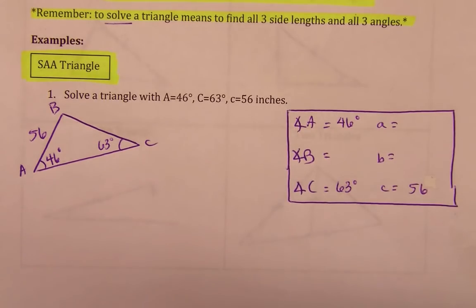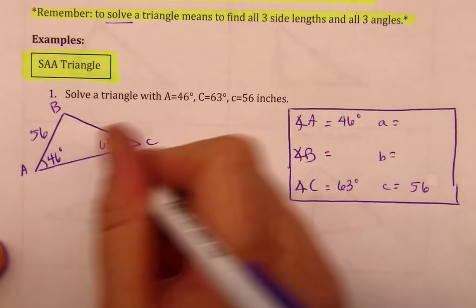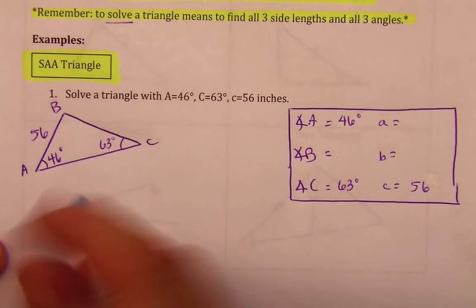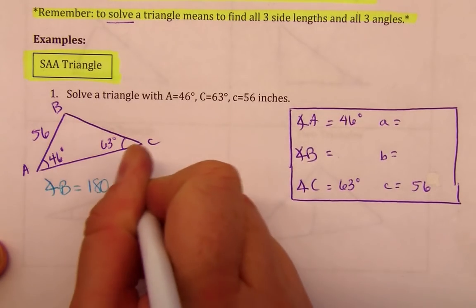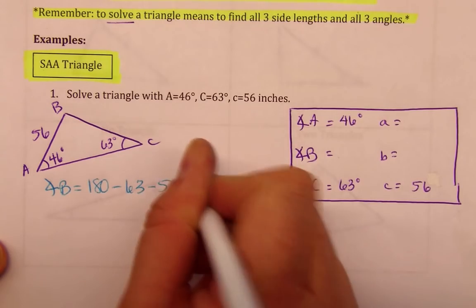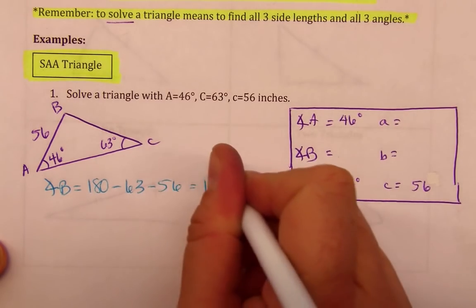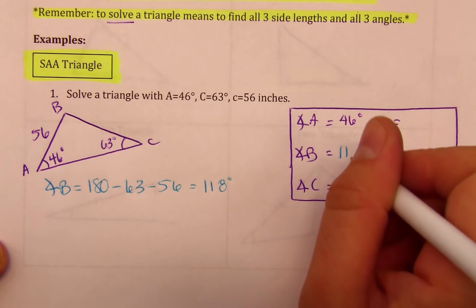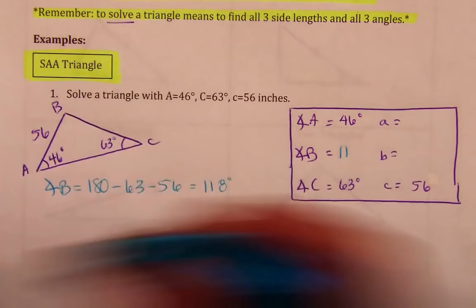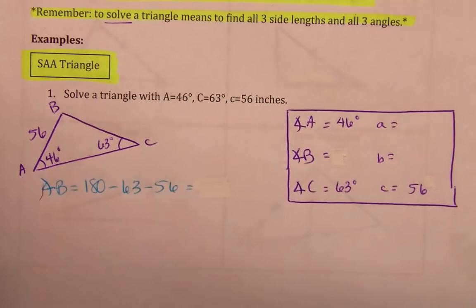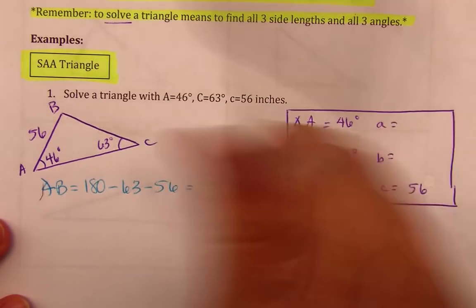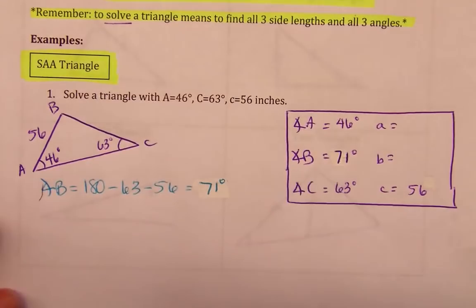Okay, and now we're just going to solve for the missing pieces. Well, the easiest thing to find is angle B. So angle B is 180 minus 63 minus 46, and that's going to be 71. And then we can find the missing pieces here.